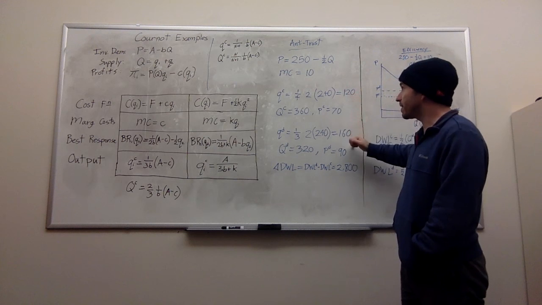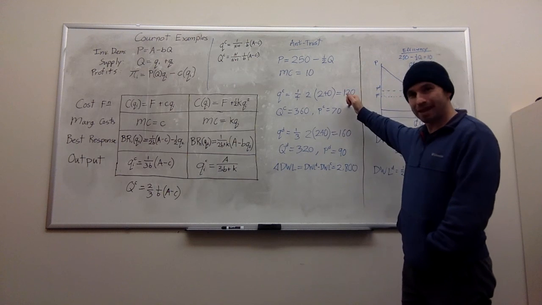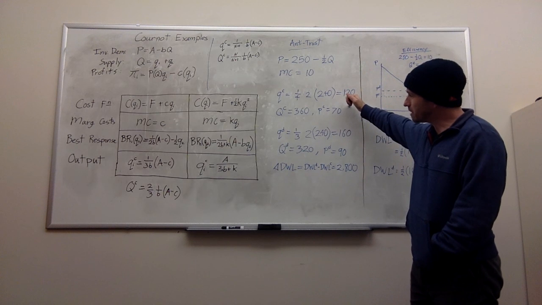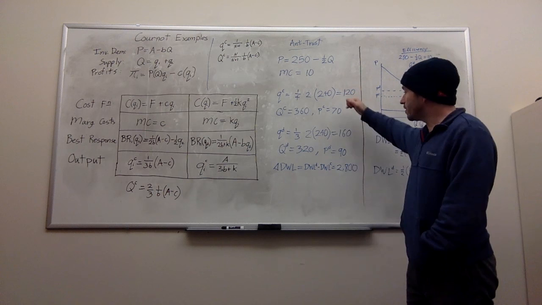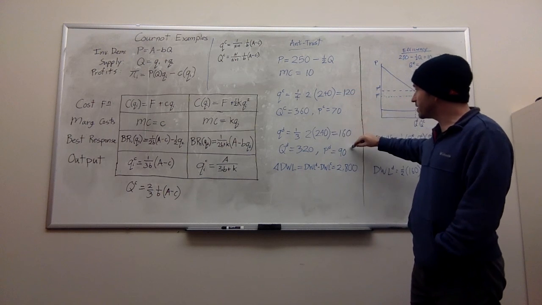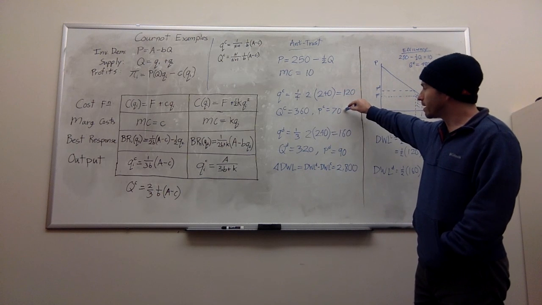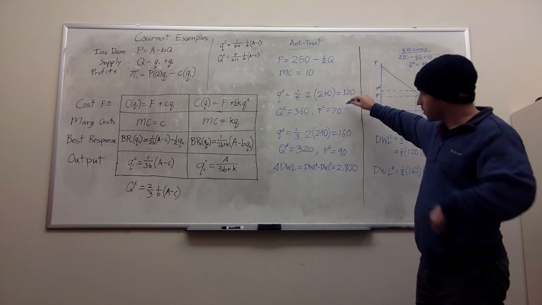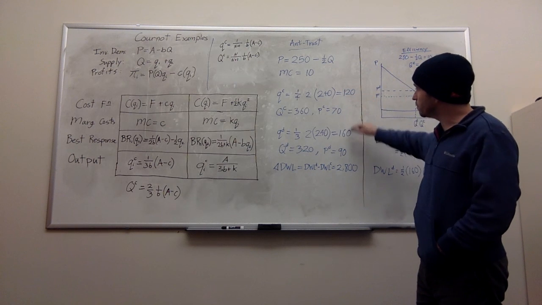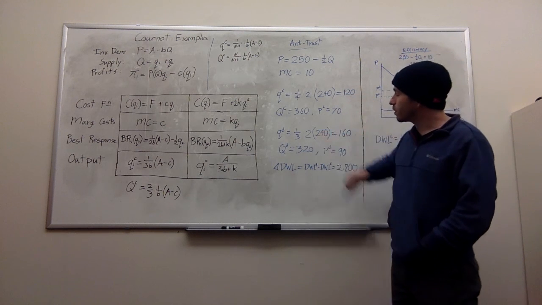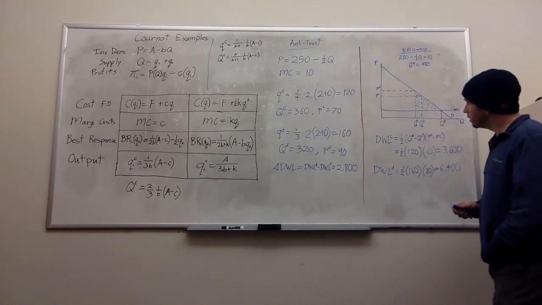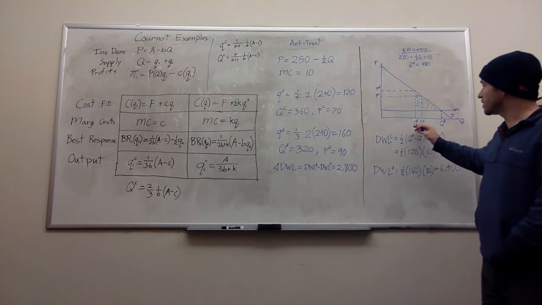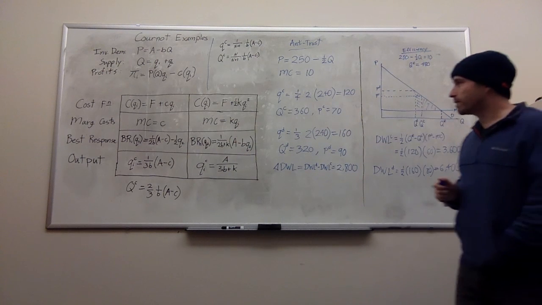So comparing a specific case between 2 and 3 firms is all we did here, right? And the total level of output and the prices in the market, right? If we go from 3 firms down to just 2 firms, the price increases and the total quantity supplied by the 2 firms decreases, increasing the deadweight loss.